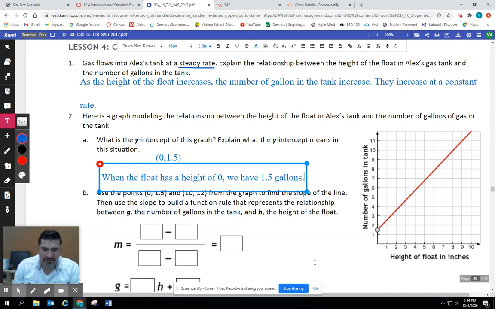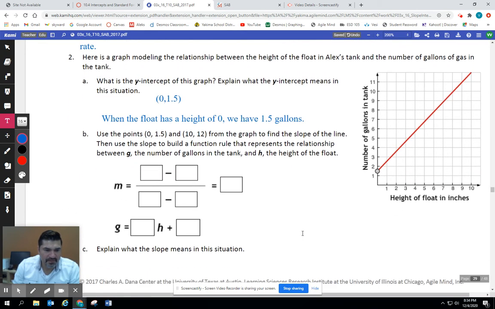Okay, let's look at letter B here. It says use the points (0, 1.5), that's our y-intercept, this point here, and (10, 12). Okay, let's see, (10, 12), that's this point right there.